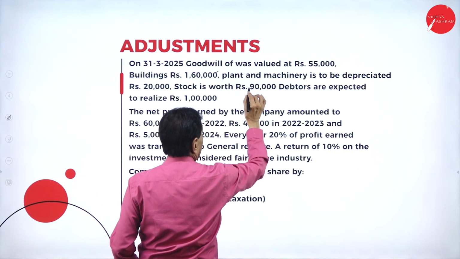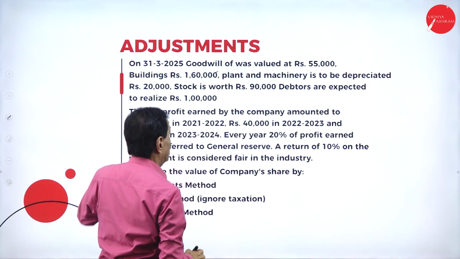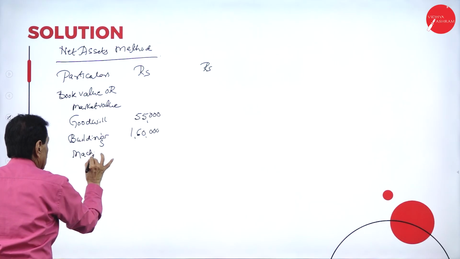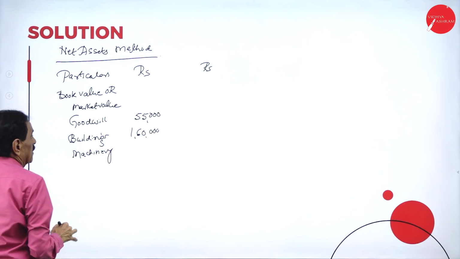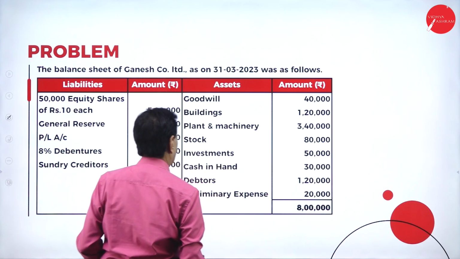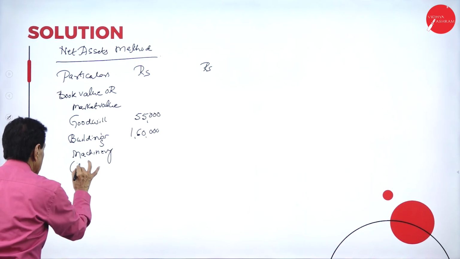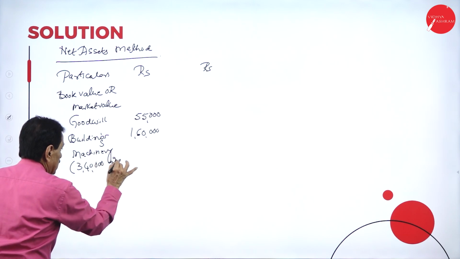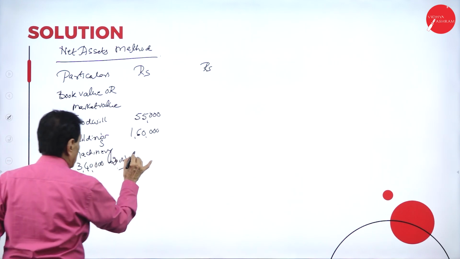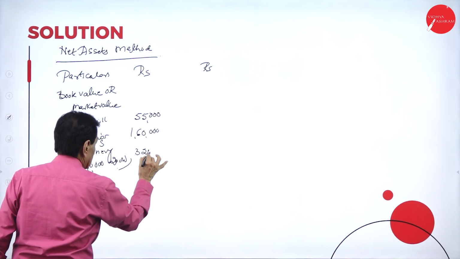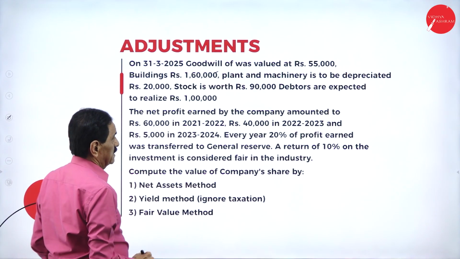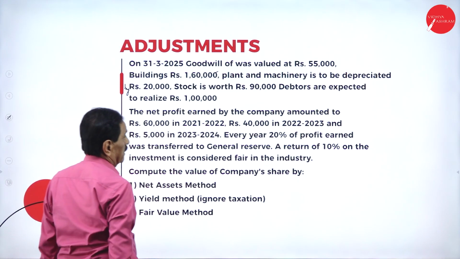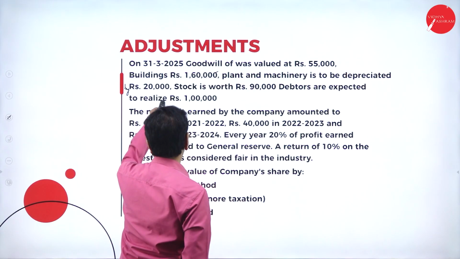Plant and machinery is to be depreciated by rupees 20,000. What's the original value? 3,40,000. Depreciation minus 20,000, gives 3,20,000. Machinery is to be depreciated by rupees 20,000.